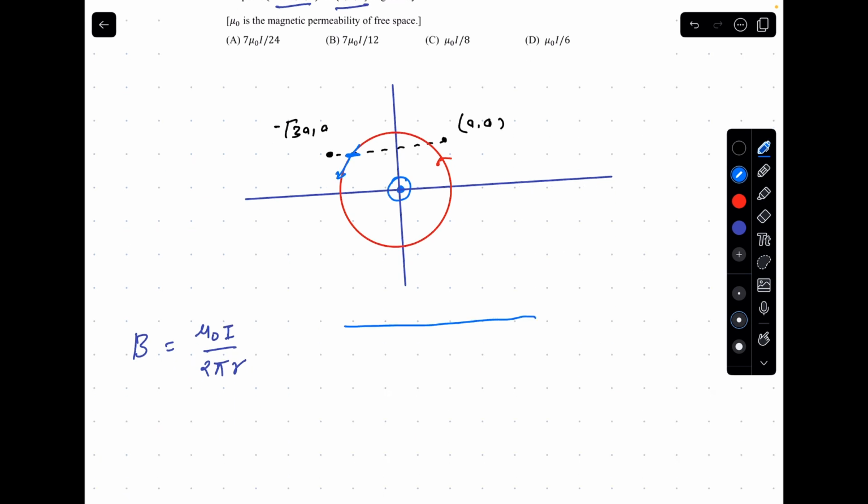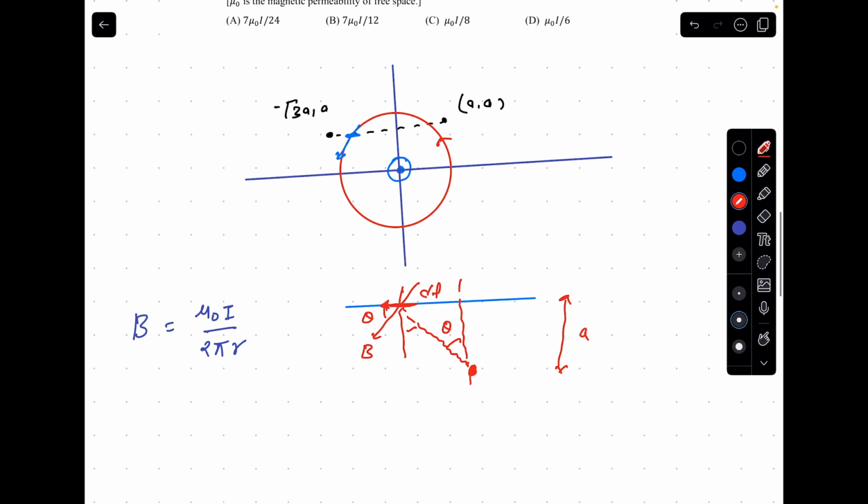Here I have this line and the magnetic field is like this. This is the wire, this is our radial direction. Let's suppose this is the perpendicular, and this distance is equal to the y coordinate, which is a. Now this angle is theta, and this angle is also theta. This is the magnetic field, and let's suppose the dl vector is in this direction.